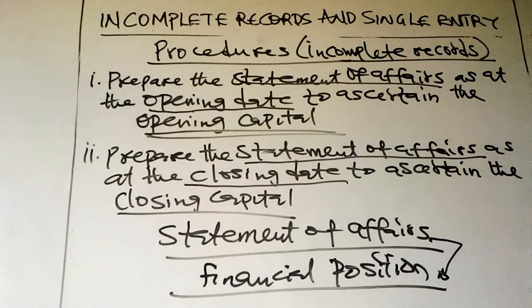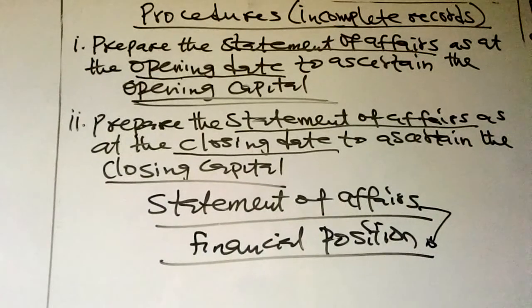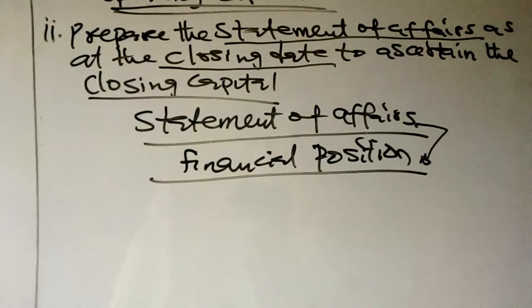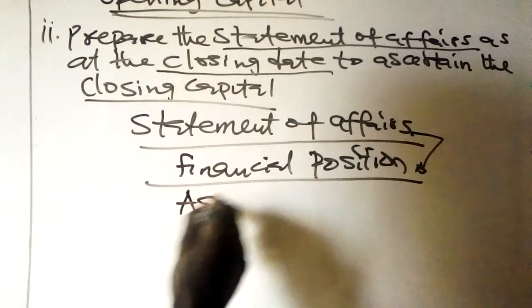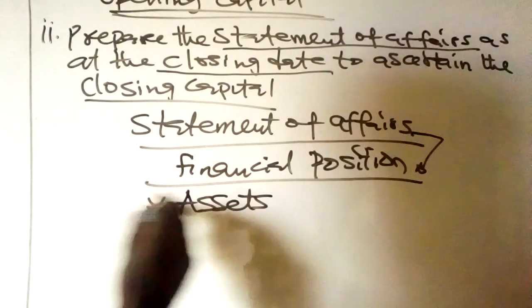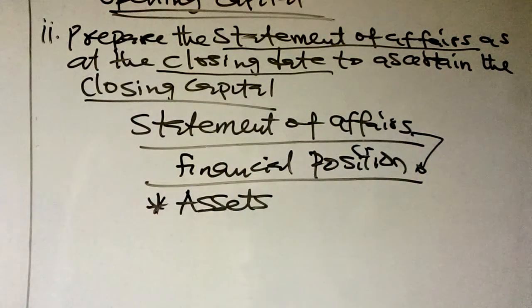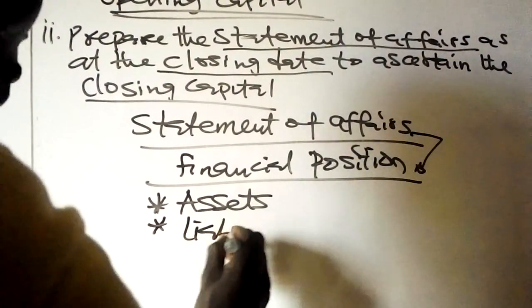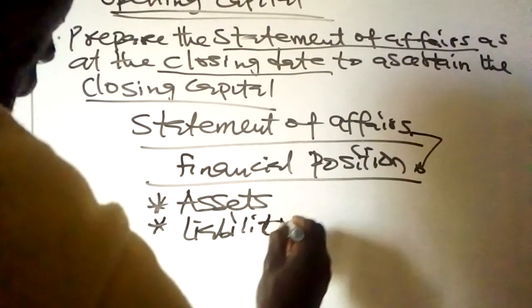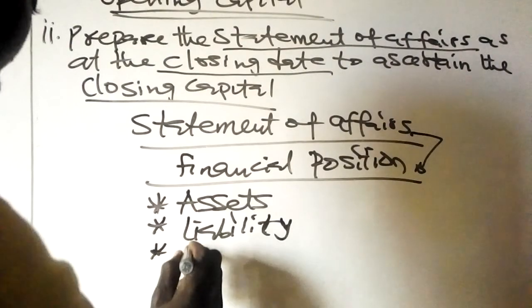What do we mean by that? In your statement of financial position, which is your balance sheet, there are 3 elements. The first one is assets, the second one is liabilities, and the third one is equity or capital.